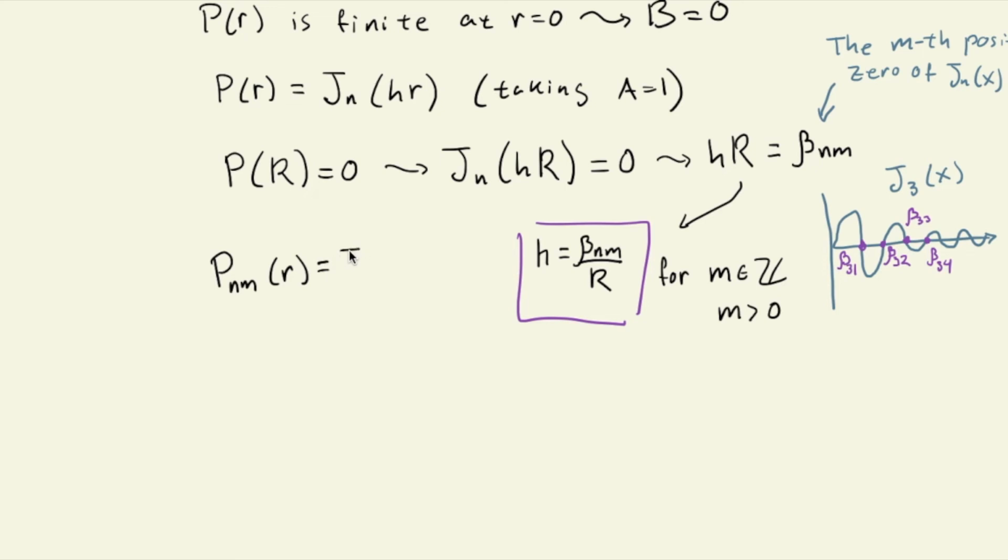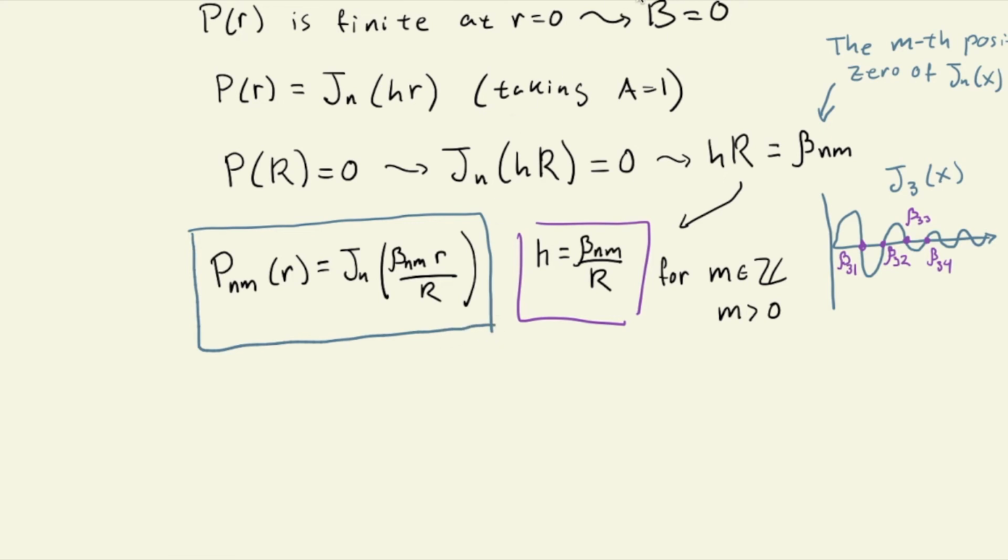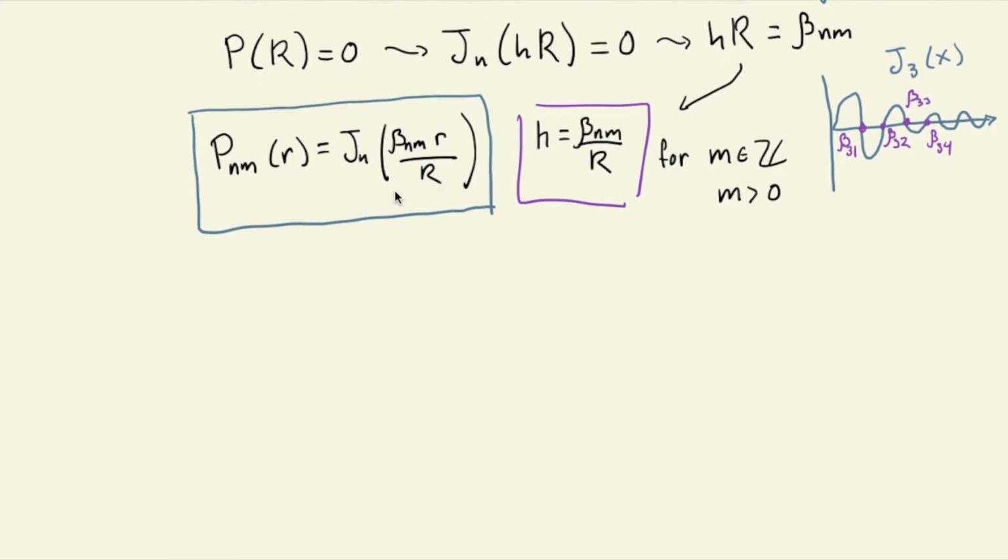This is equal to the Jn function times, so here's the formula for p. P of r is J h r, so h is beta n m r over capital R. Okay, so this is what p is. And we also had the formula for k, right? K was minus h squared.